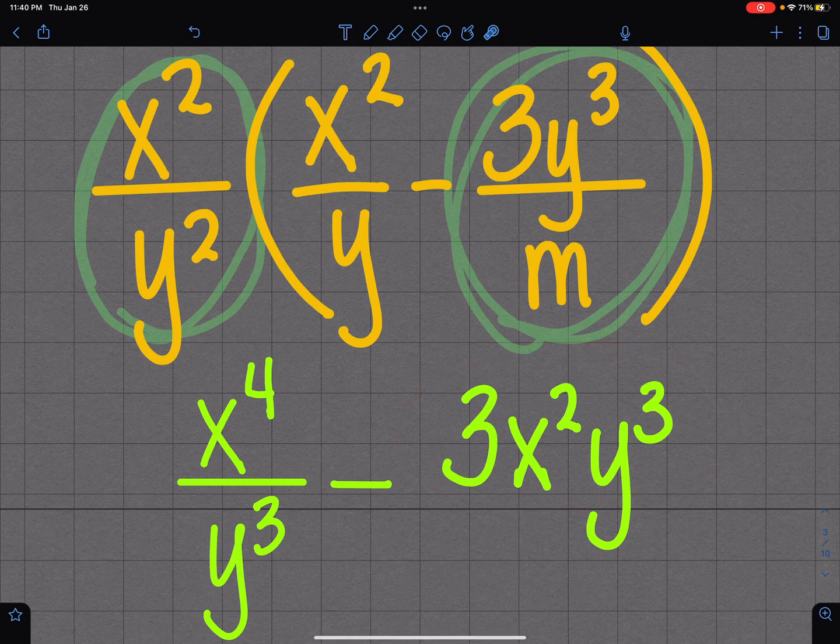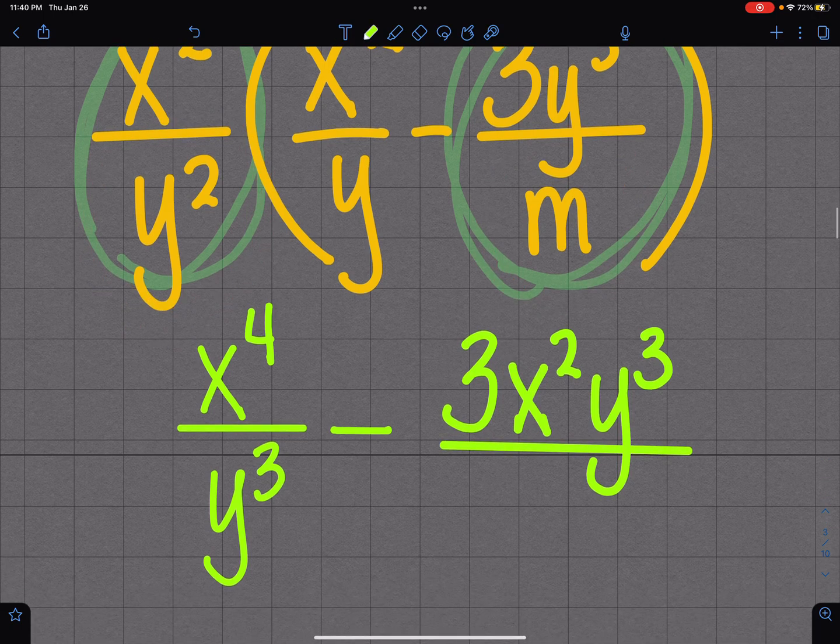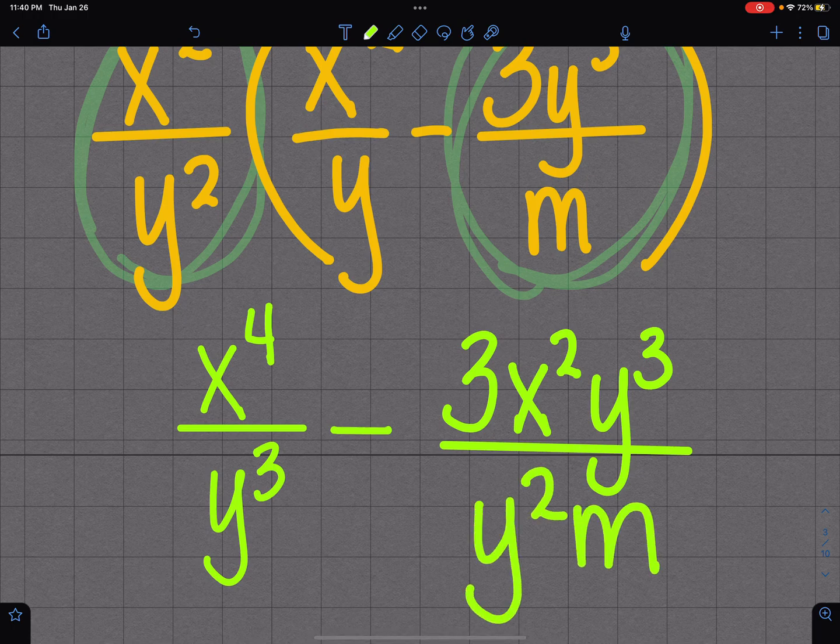All you do is add the exponents and make sure you have all the variables included and the coefficients included. You've got to have that 3. Okay, now let's multiply the denominators. So we have y squared here and we have an m right here. So I'm going to put over and then I'm going to put y squared m.